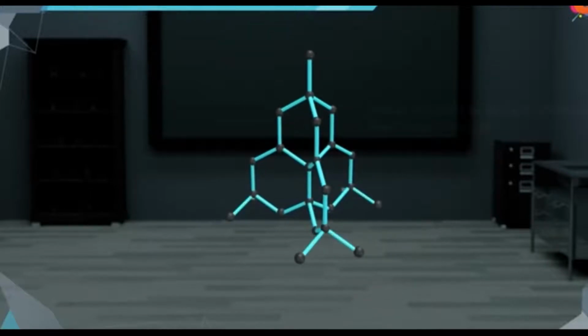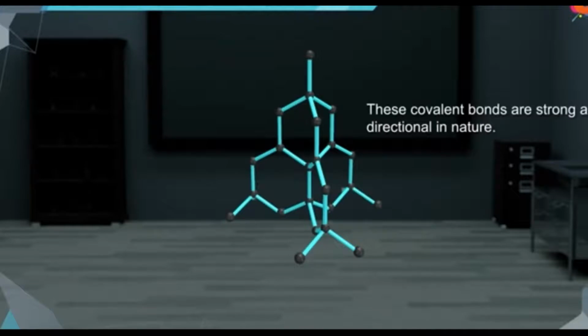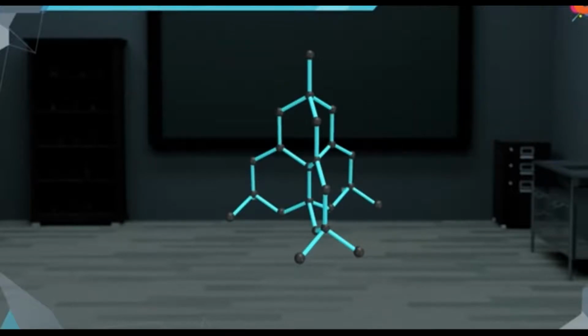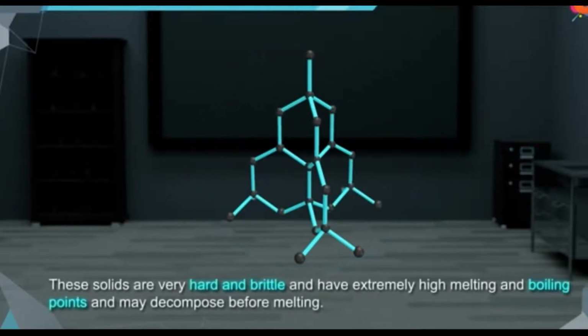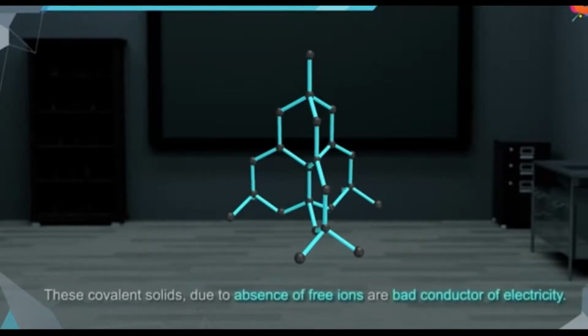Due to the large network of covalent bonds, these solids are also known as network solids. These solids are very hard and brittle and have extremely high melting and boiling points. These covalent solids, due to the absence of free ions, act as bad conductors of heat and electricity.